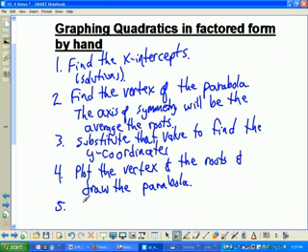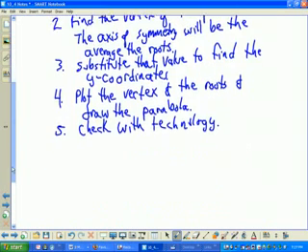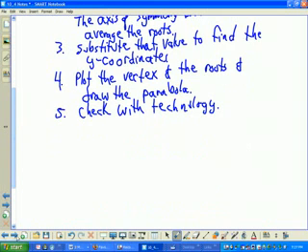And then step 5, check your answers with technology. So 5 steps to graphing these by hand, although we can use a calculator to check them.